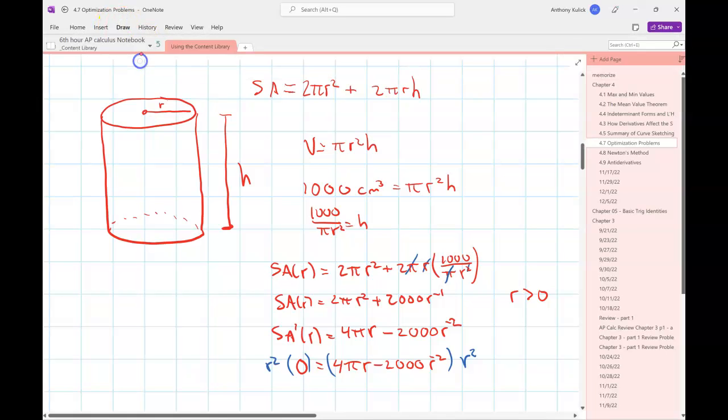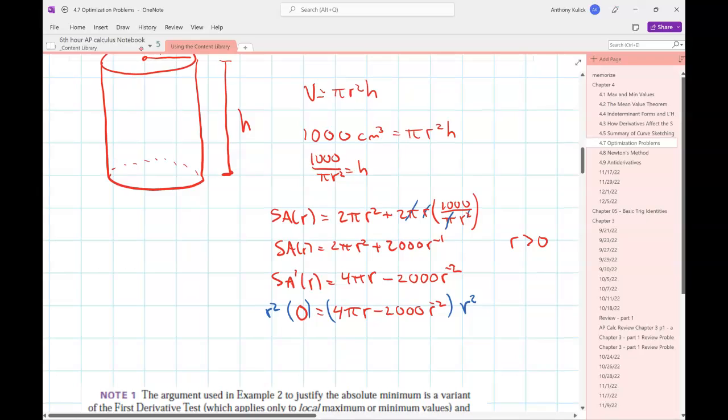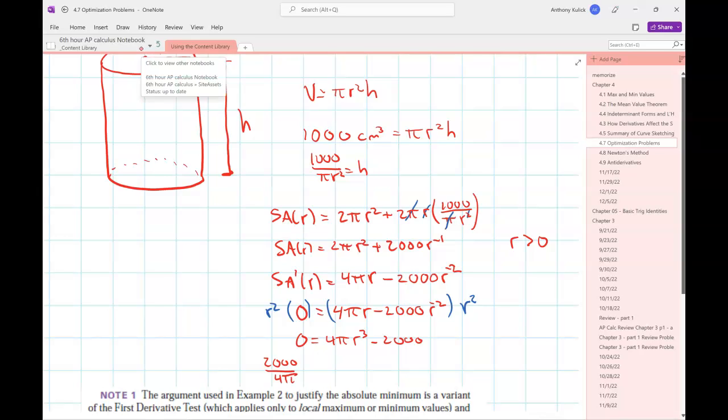Let's see what happens when I do that. Not only do I get rid of the negative exponent and the fraction involved, I actually get all the r's into one place in addition, which is pretty rad. So to get this by itself, we're going to add the 2,000 over, divide by the 4 pi, and then we'll cube root both sides.